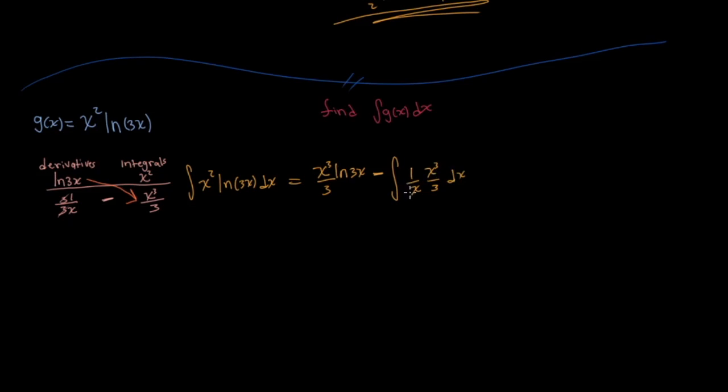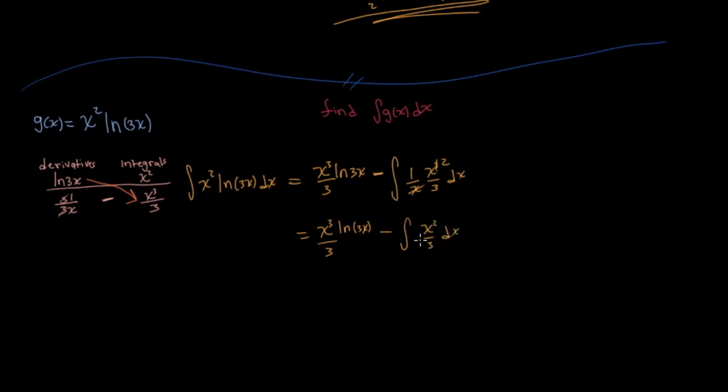This x cancels out, and we simplify: x cubed over 3 ln 3x minus the integral of x squared over 3 dx.